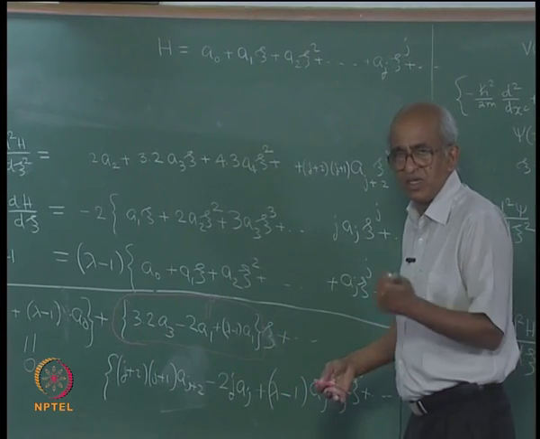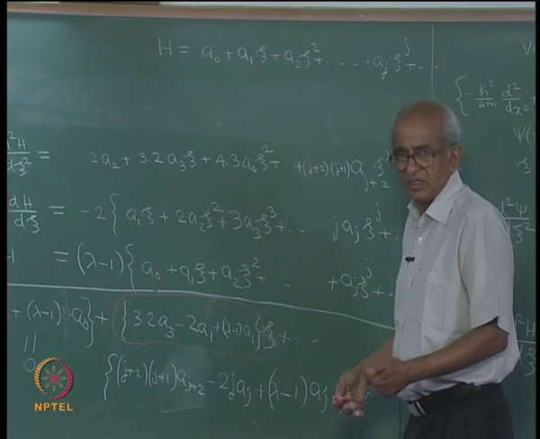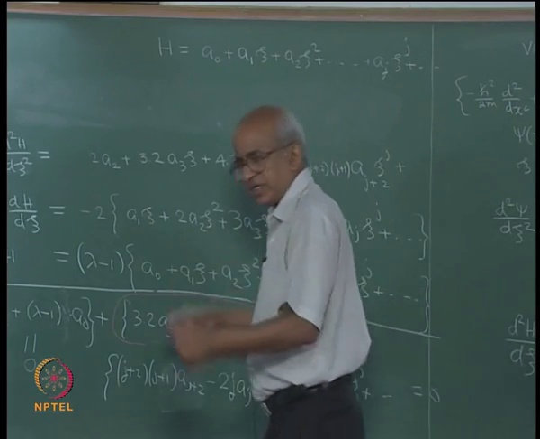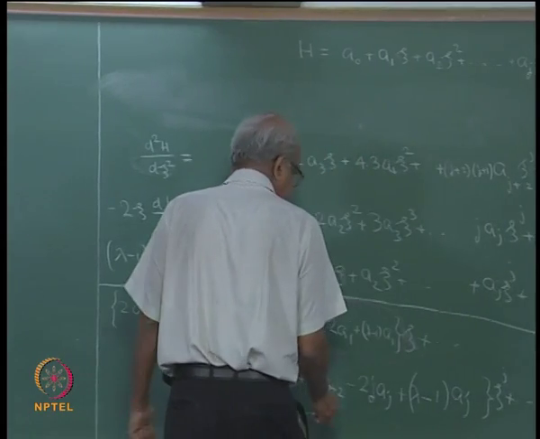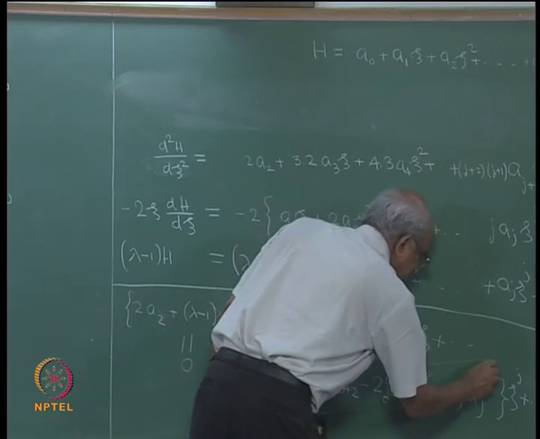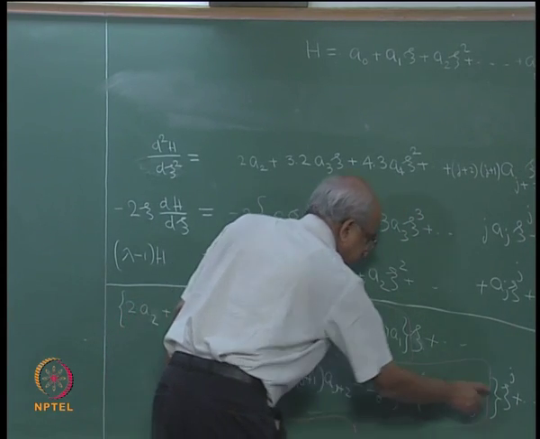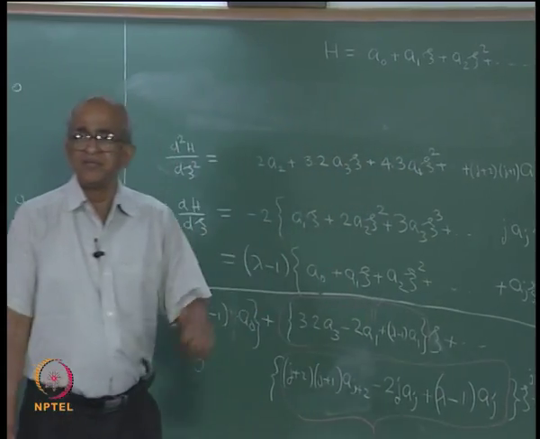You have A0, A1, A2, A3, A4, etc. They are all unknowns. So, you want to determine them, and this is the way in which you can determine them. So, in general this term, which is the coefficient of c to the power of j, must be 0.